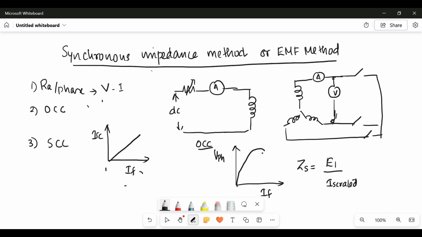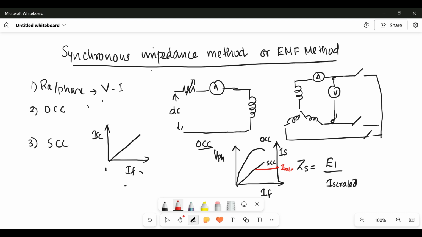For that, we can draw the SCC in the same graph. You see here, this is the short circuit current. This is the open circuit characteristic. So we need to circulate the rated current. Assume this is the rated short circuit current.